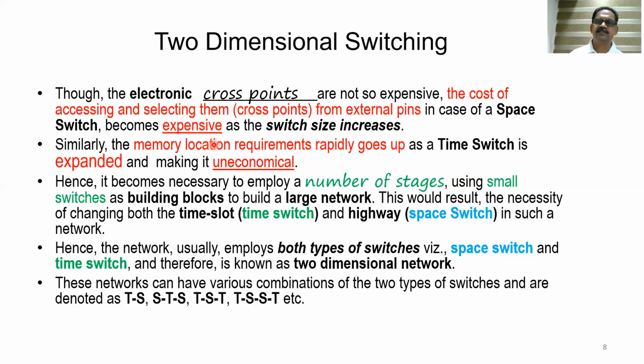Then we will see the scenario in time switch. Similarly, the memory location requirements rapidly go up as the time switch is expanded, making it uneconomical. In case of time switch, you do require more memory locations for expanding it.